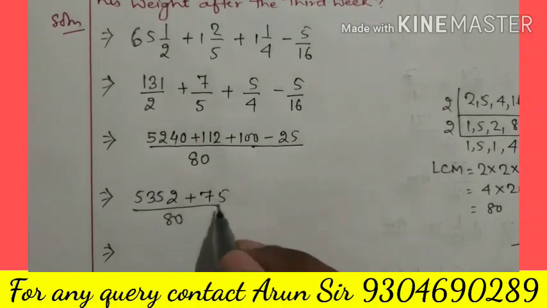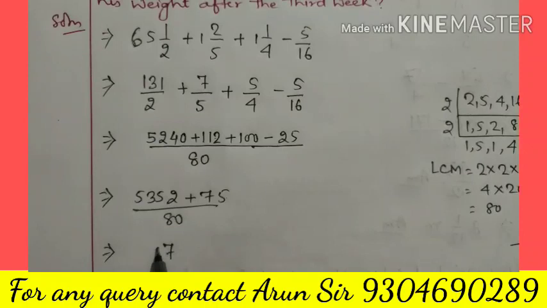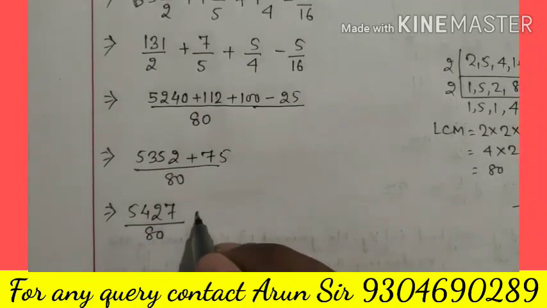Now we will add: 2 plus 5 is 7, 7 plus 5 is 12, 2 carry 1, it will be 5427 by 80 kg.